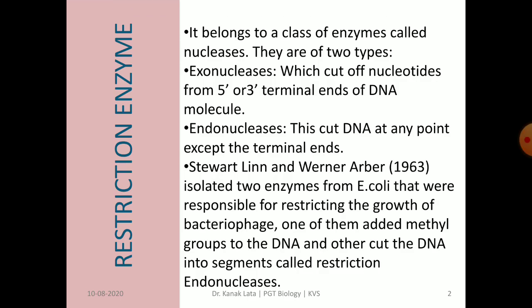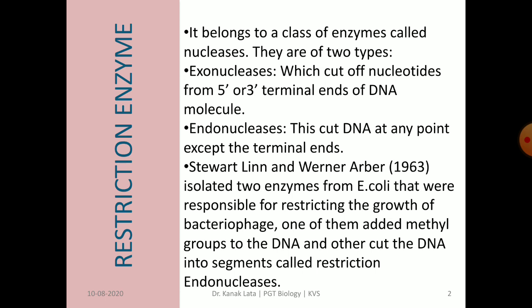Restriction enzymes were isolated for the first time by Stewart Linn and Werner Arber in the year 1963. They isolated two enzymes which restricted the growth of bacteriophage in the bacterium E. coli.